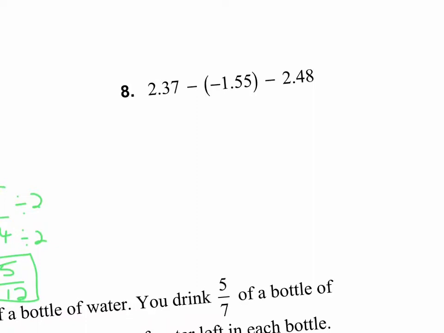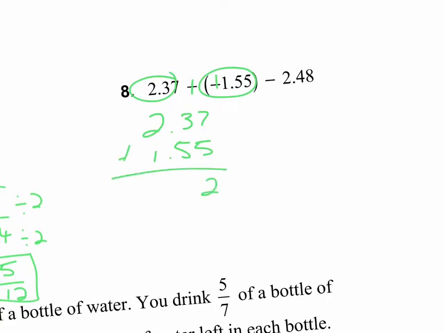Alright, so let's real quick step through this. So we look for double negatives, first step, there we go, done. Okay, then we go left to right, so 2.37 plus 1.55, same signs we combine, so we combine those. We have to line up the decimals in order to add them. 7 plus 5 is 12, carry the 1, 8, 9, and we get 3.92.